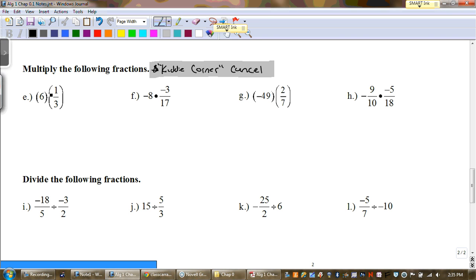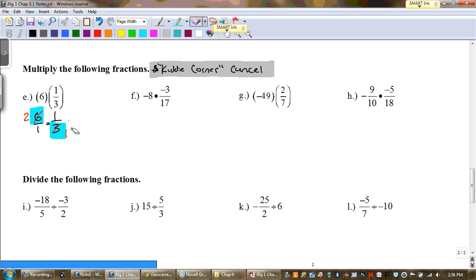So, whenever you multiply fractions, you want to make sure that they're over 1. Okay? So, we're going to look at the corners. Can we reduce those? What goes into both of those? 3 does. 3 goes into 6 2 times, and 3 goes into 3 once.